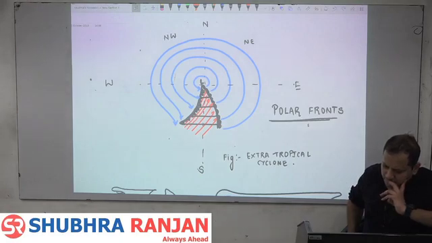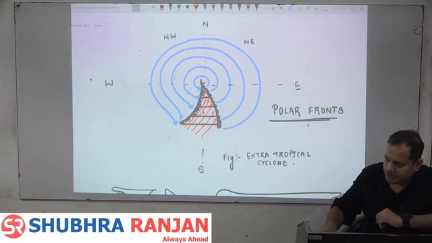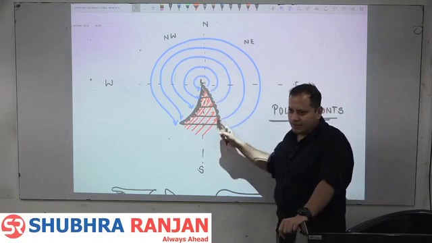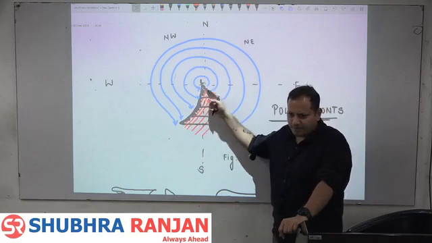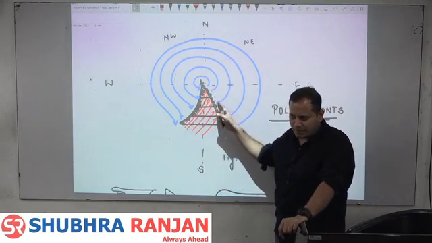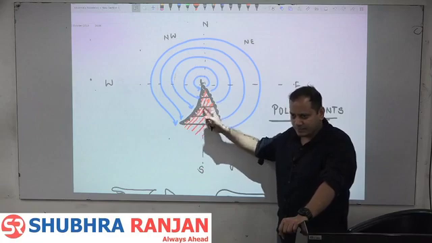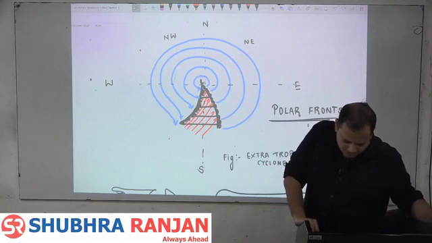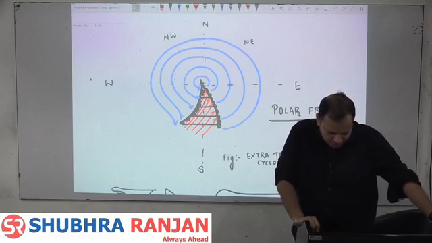But they take the shape of V, or inverted V. No need of mentioning inverted V, just V. Therefore, they are also known as V-shaped depressions.